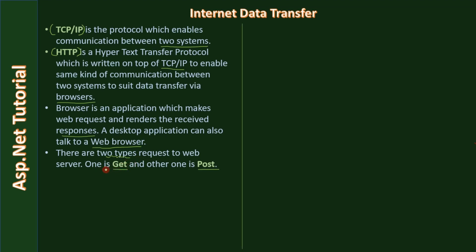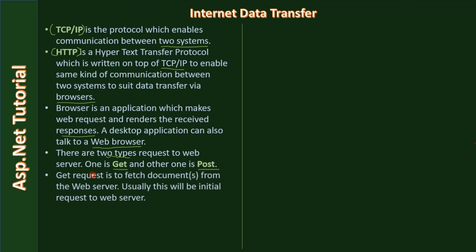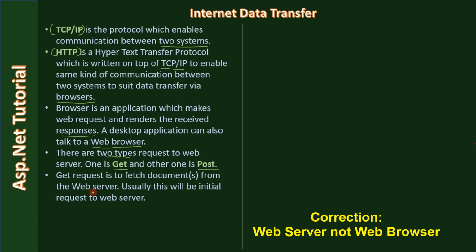The GET request is to fetch a document from the web server, and it can be the initial request, or initial hit, to the web server requesting some data. So we can simply say the GET request is to fetch a document from the web server. Usually this will be the initial request.